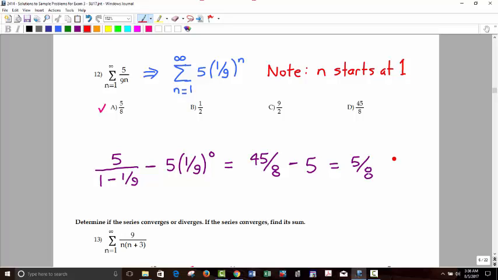So what I was saying is you can also do this by putting 1 into this thing right here and making it 5/9, and then you let that be your a.